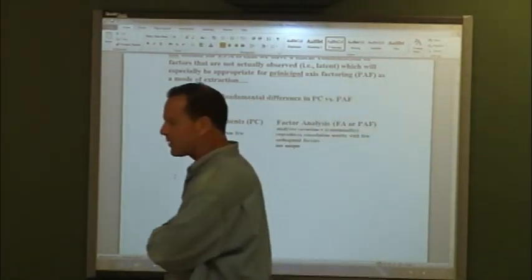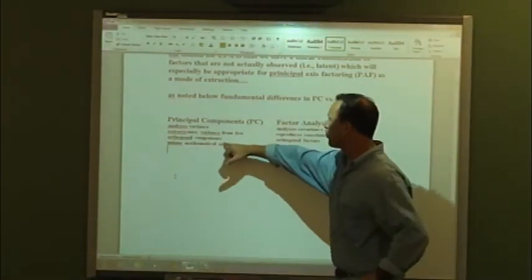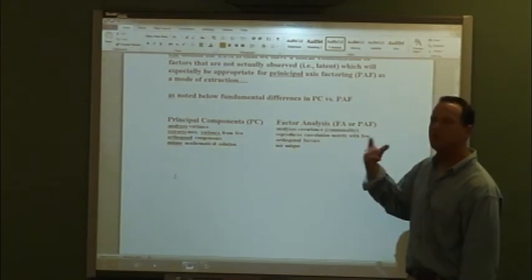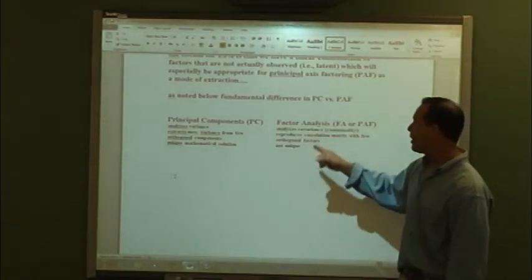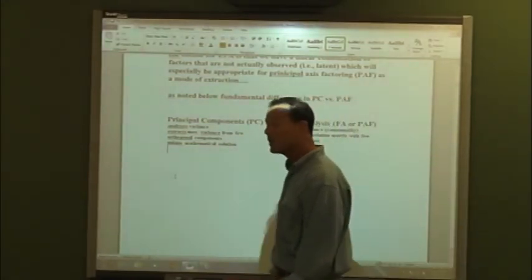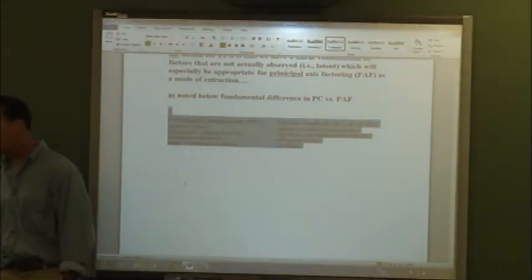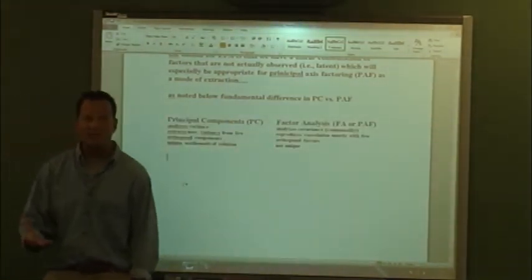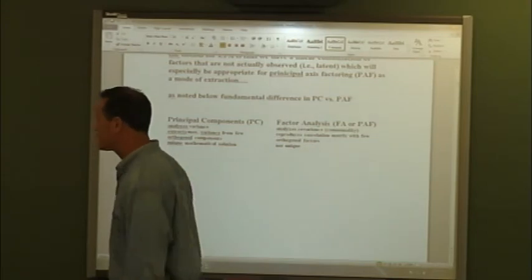You're generally going to find that you get a bigger R squared type of solution with principal components as opposed to principal axis factoring. Here, orthogonal components versus orthogonal factors when using Varimax. And you get a unique mathematical solution for principal components, but you don't with factor analysis. It's called the indeterminacy problem, where multiple solutions can potentially be derived. So there are some crucial differences, theoretically and mathematically, between these two. The fact is, you're going to run analysis on both of them, and usually you're going to get very similar results.